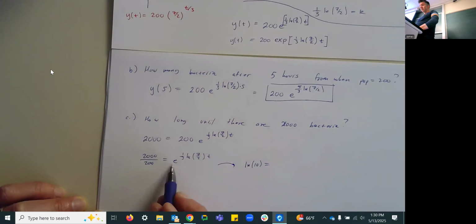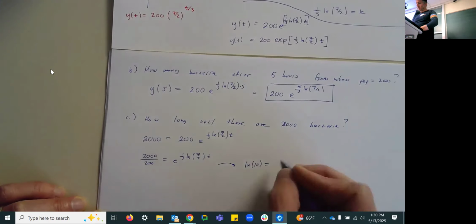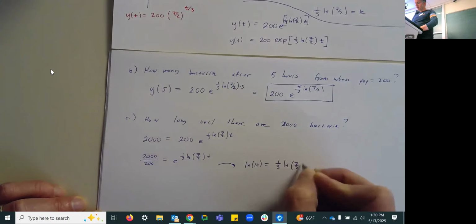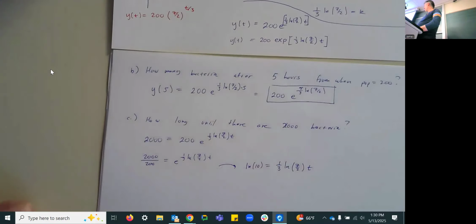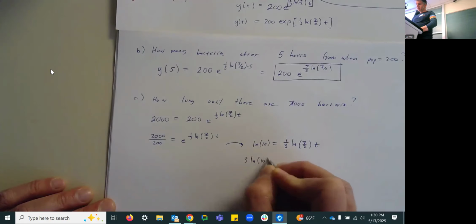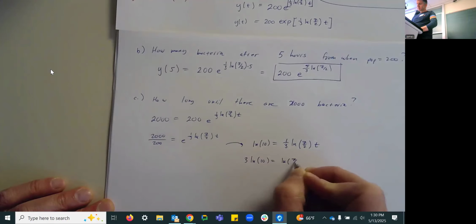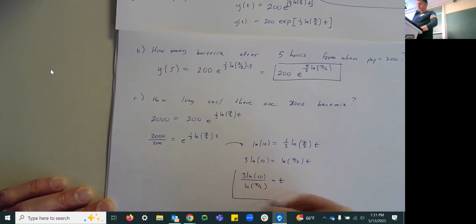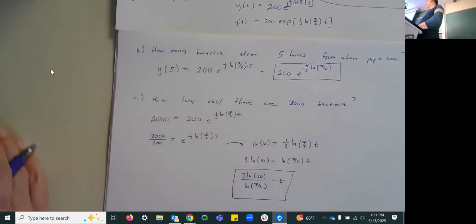So the natural log of e to the 1/3 natural log of 7 halves t is just going to be 1/3 natural log of 7 halves times t. And now we're going to solve for t by multiplying both sides by 3 and dividing both sides by natural log of 7 halves. And again, the answer is not particularly lovely, but it is an answer. So that's how long it takes to get to 2,000 bacteria.